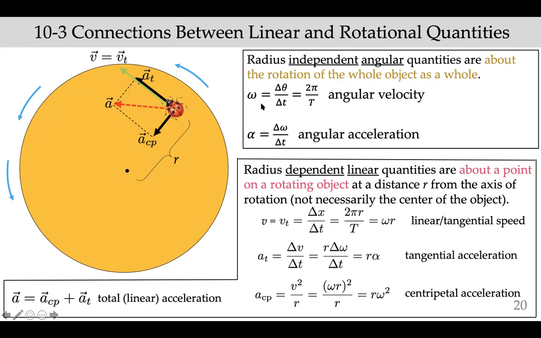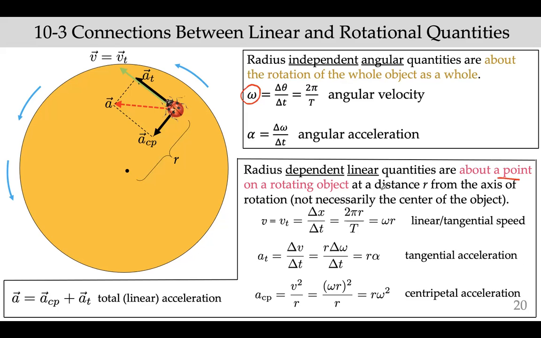The formula for angular velocity depends on the change in angle per time, or you can rewrite it as 2 pi divided by period. And the angular acceleration is basically the change of angular velocity with respect to time. The other variables are radius dependent, and they are linear quantities, and they're about a point.